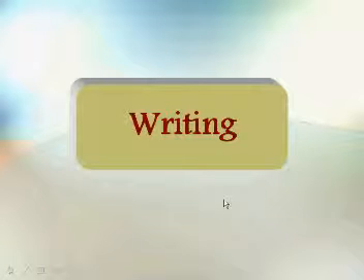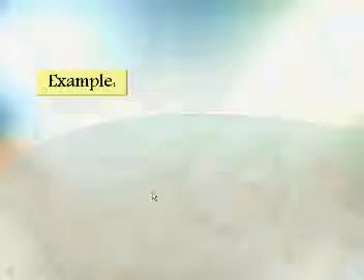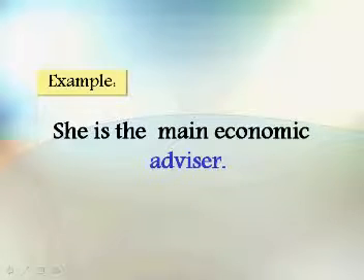And now with writing. Okay. And then we move to another section. She is the main economic advisor. Advisor. Try to get the meaning of advisor. Advisor from the verb advise.